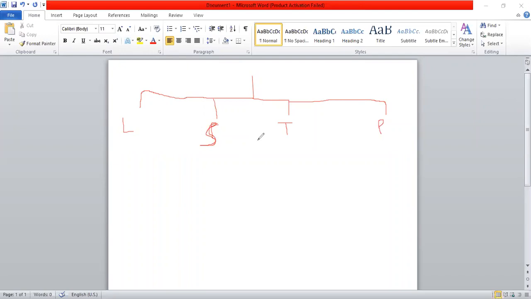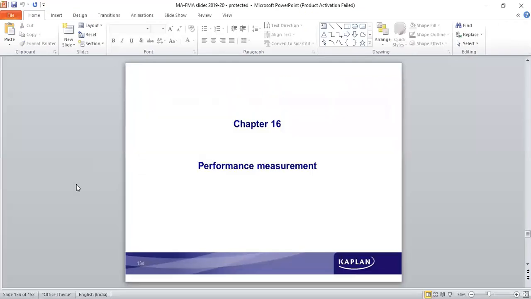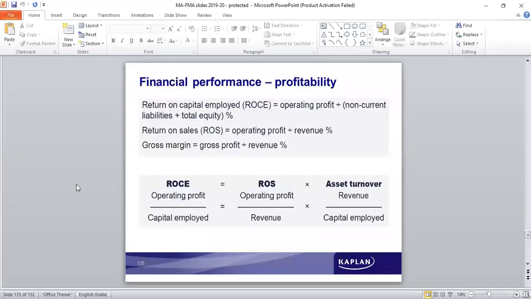Sometimes certain suggestions can be given to improve the performance. So in our syllabus, we have performance measurement, the financial aspect of it, financial performance. The first thing given here is the profitability ratios.